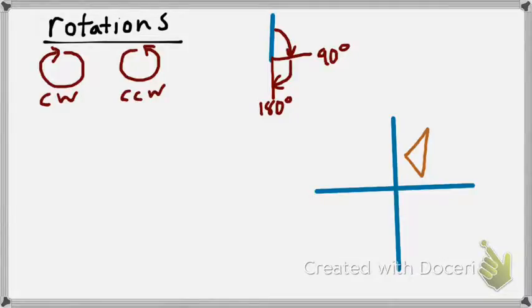Now, you could always rotate your paper and see what it should look like. I can't demonstrate that on a video, but you could literally rotate your paper 90 degrees and see what the image should look like. Or if it's a 180-degree rotation, you could rotate it 180 degrees and see what you should be getting. It's a really quick and simple way of checking yourself.